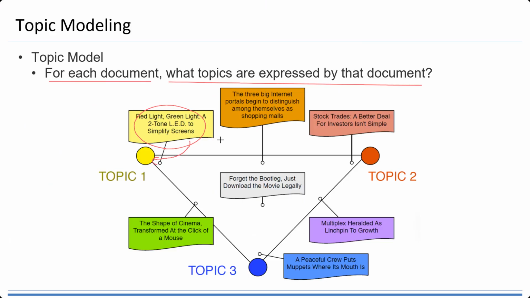So it is closer to topic number 1, but there are some words that might be correlated with topic number 2. And if a document is closer to topic number 2, there might be some words correlated with topic number 3. So topics can be correlated in some cases.